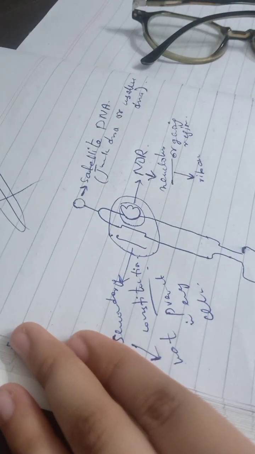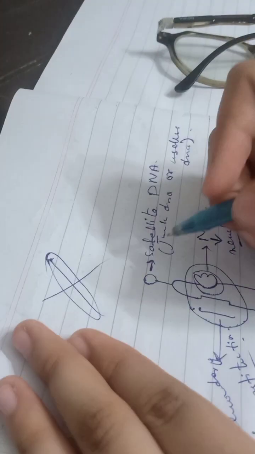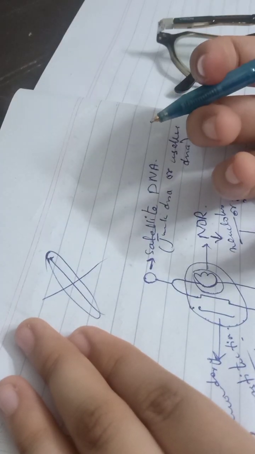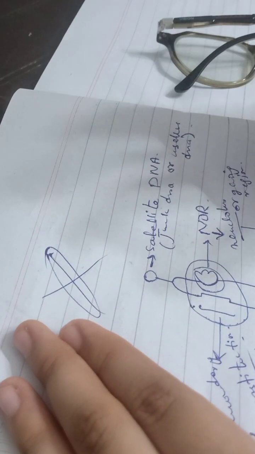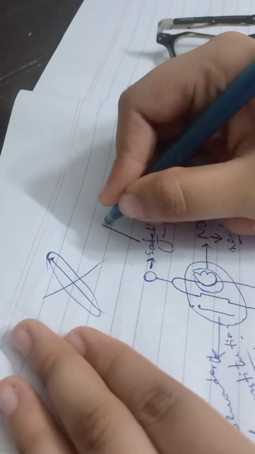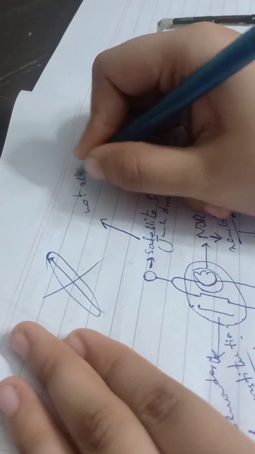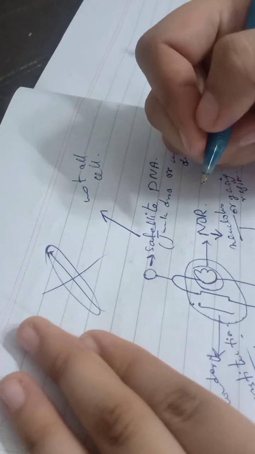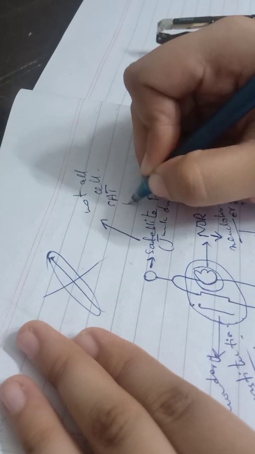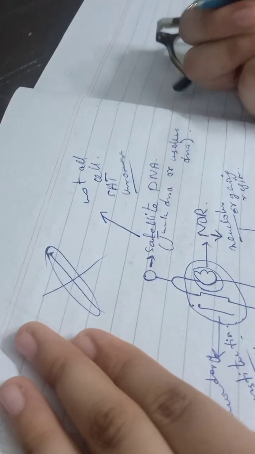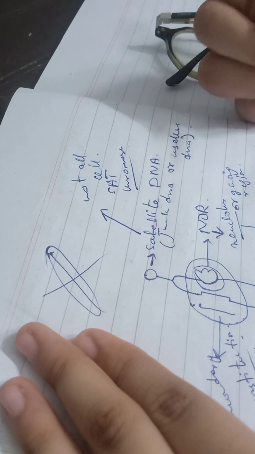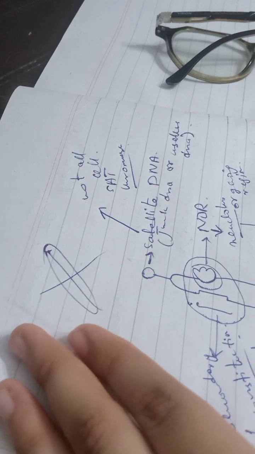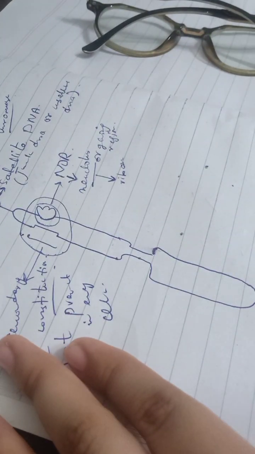Satellite DNA is also not present in every cell, but if it is present in the chromosome of any cell, that will be known as a SAT chromosome. That chromosome in which satellite DNA is present will be known as a SAT chromosome. As I discussed, the secondary constriction is also not present in all cells.